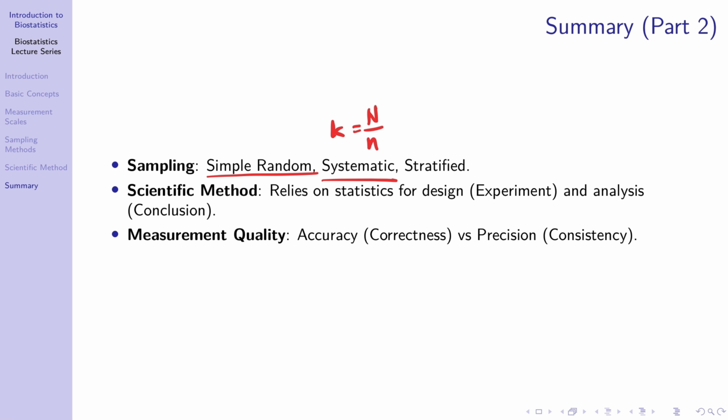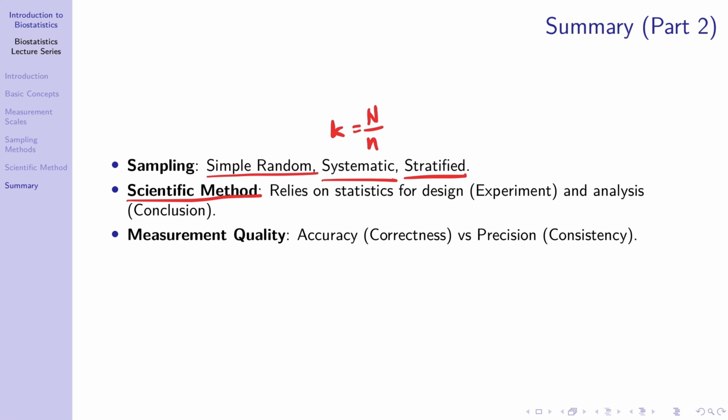We choose a random number between 1 and k, and then we choose every kth sample from there on. Stratified sampling is where we first classify the population into subgroups, and then we do simple random sampling inside the subgroups.